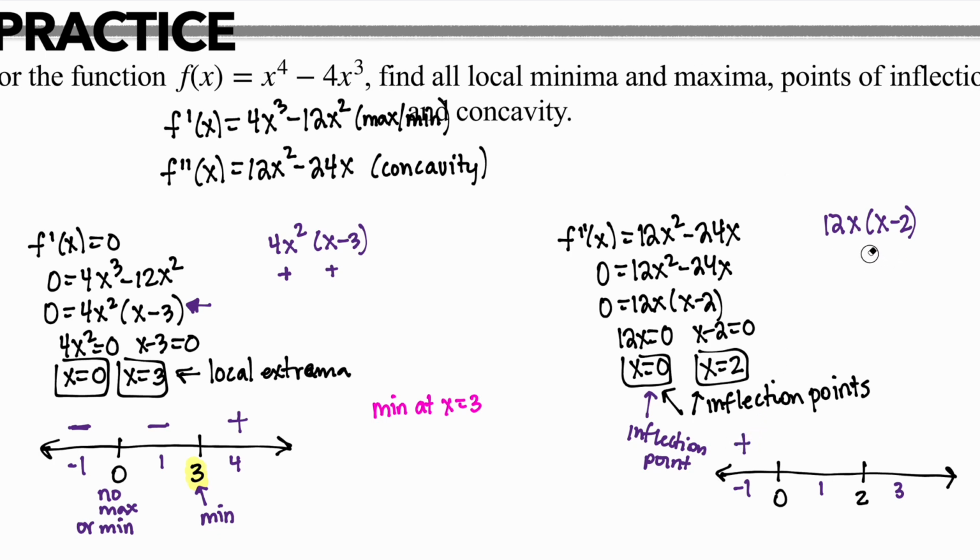When I plug in a 1, I will get a positive. 1 minus 2 is a negative. Positive times a negative is a negative. And then when I plug in a 3, I'll get a positive times a positive, which is positive. That means it's concave up here, concave down there, and then concave up there.